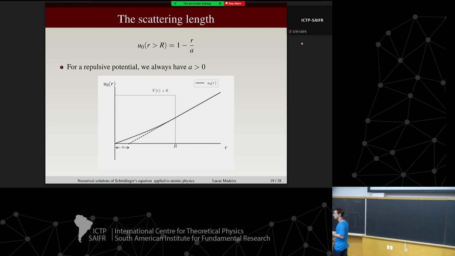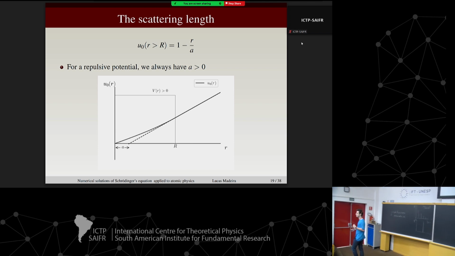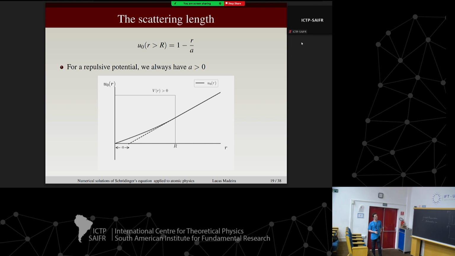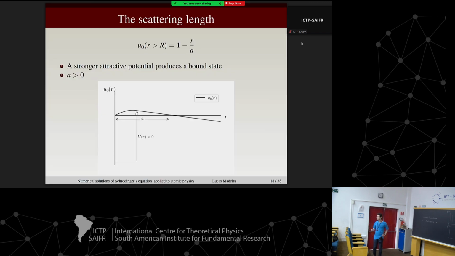Yes. But if you go to the bound state, in order to have this positive scattering length, you need to take out energy from your system. That's not something that is going to happen if you don't have an effect over the system.